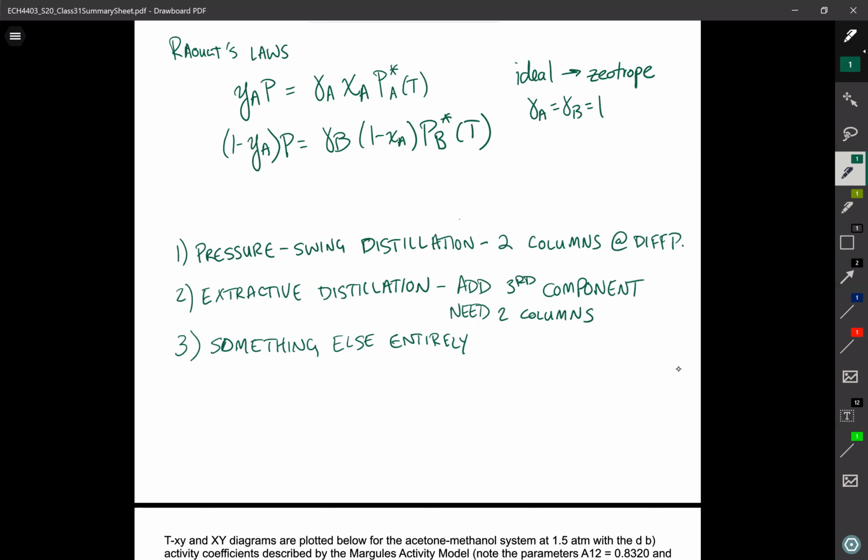Say I've got a mixture, like air, which is a good example. Air doesn't form an azeotrope, but it can be very expensive to distill. There are several alternatives to distillation that you could use to separate air depending on what your specifications are. You could use a membrane, or you could do some kind of absorption process. Those will all work as well.